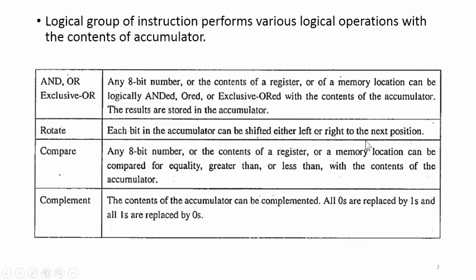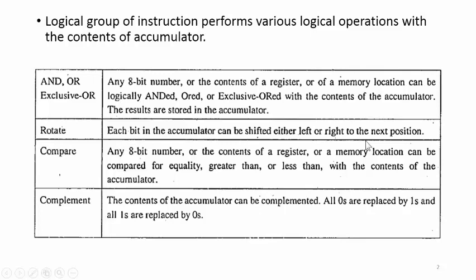One feature about the compare instruction is that the accumulator content gets compared with 8-bit immediate data, or another register, or the 8-bit data which is available in the memory, by using the subtraction technique.